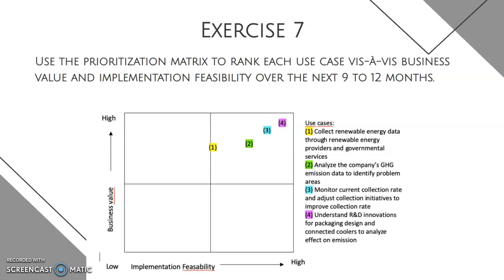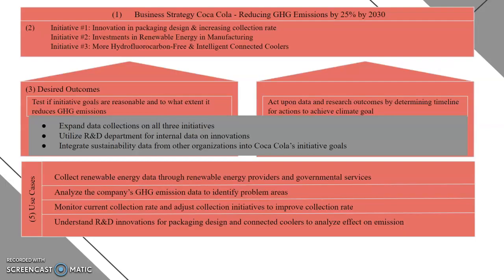And then finally, understanding the research and development innovations for packaging design and connected coolers. We thought this was the most important one for business value and implementation feasibility. And you can see those color coded and also numbered by 1, 2, 3, and 4 in the chart, based off the use cases to the right.